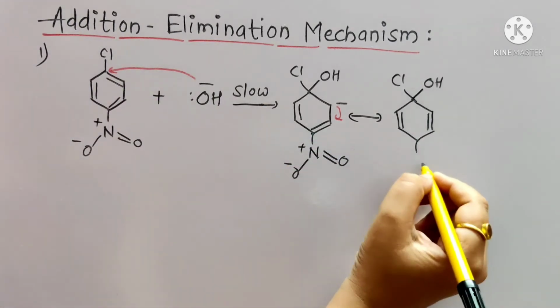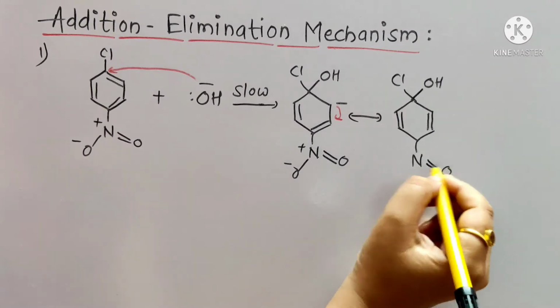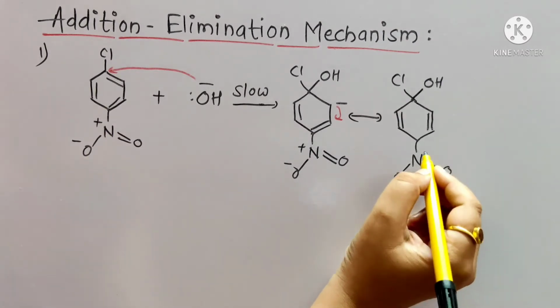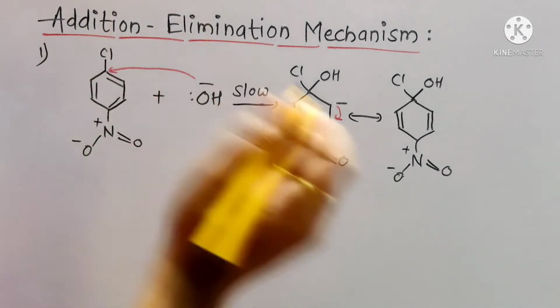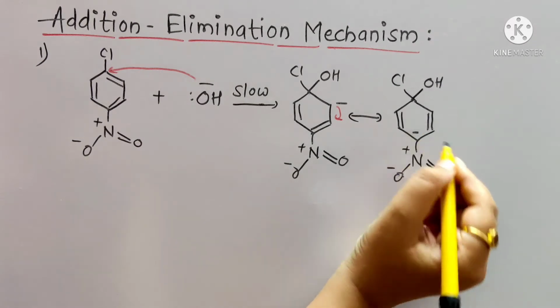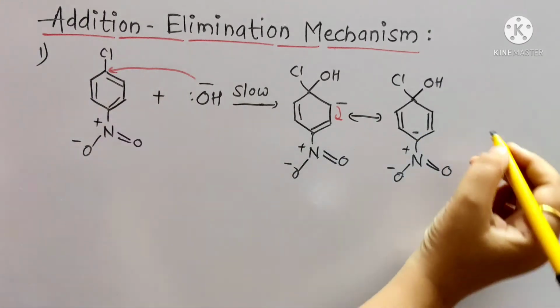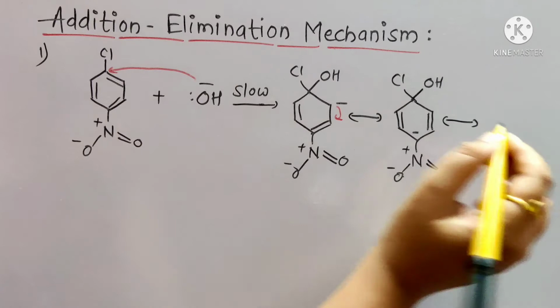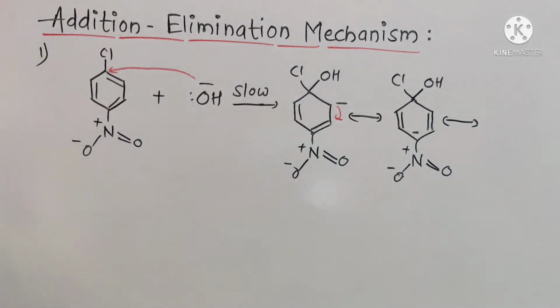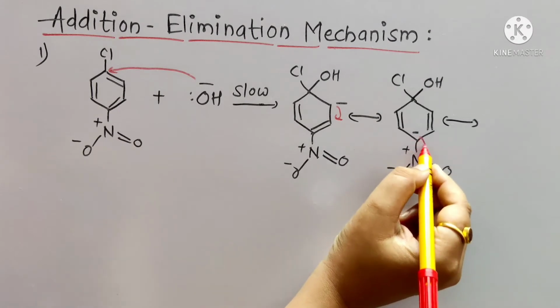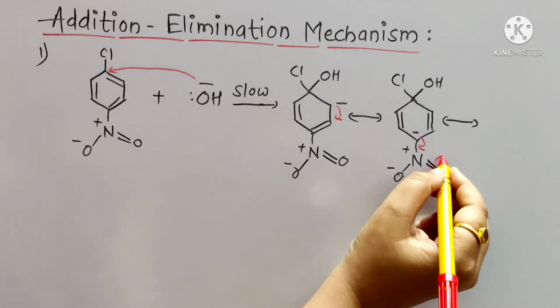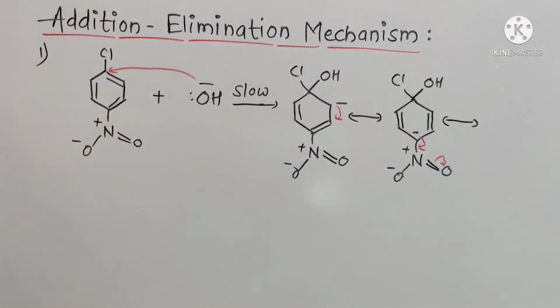NO2 as it is, positive, negative. Into the next resonating structure, this negative charge shifts to the position next to this.